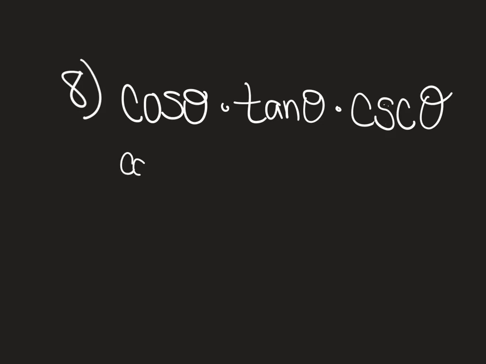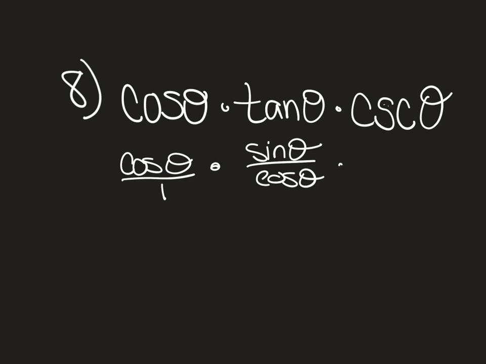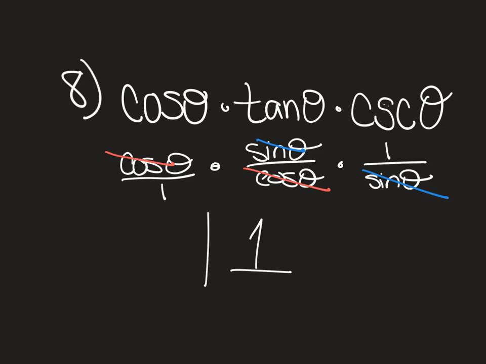So this is a cosine theta times, sine is y over x, so my sine theta over cosine theta, times, this is the same thing as 1 over sine theta because they're reciprocals. So my cosine and my cosine will cancel out, and my sine will cancel out. So this is the same thing as 1. I love these that just come out to 1.